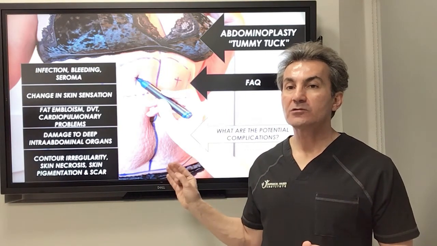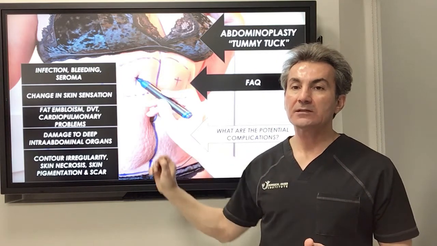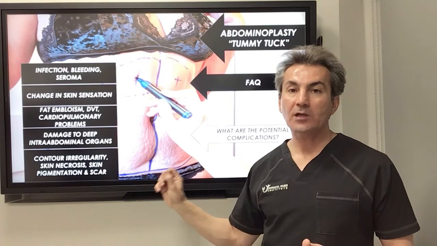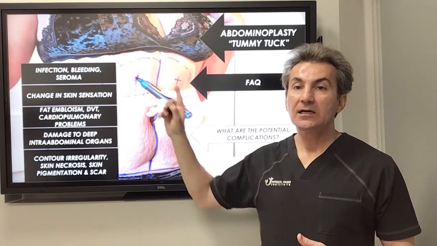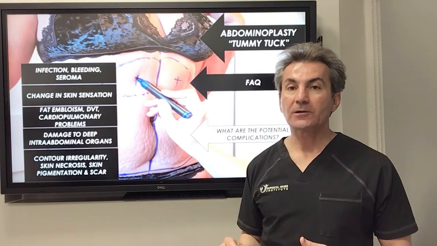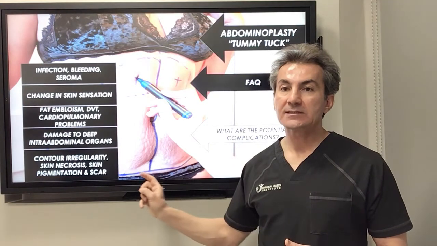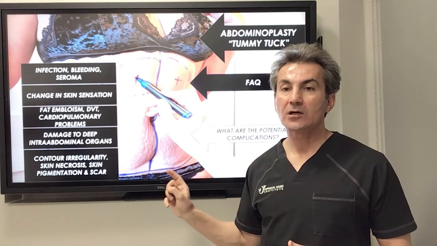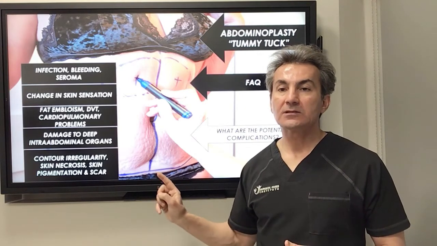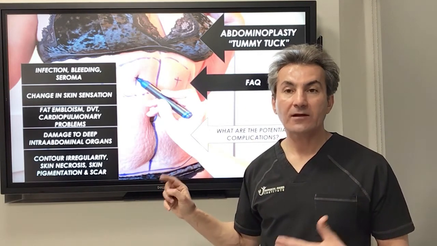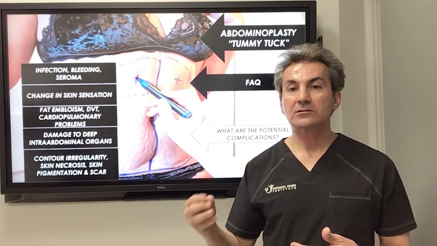We said that during the surgery we separate the skin all the way up to the rib cage and bring the skin down after we tighten the muscle. So that skin flap has a decreased blood circulation. And there are situations that right at the edge, when we sew up the skin to the lower abdomen, they can get a skin necrosis or ischemia, or lack of circulation of the skin, and that can create a necrosis or dead skin.